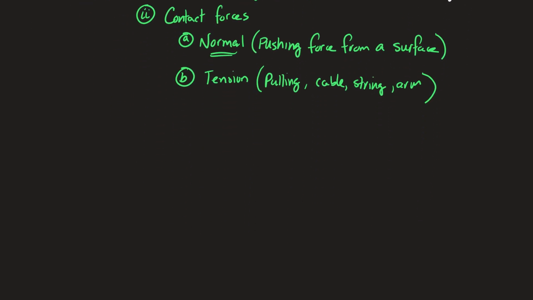Now there are other contact forces, but I'm actually going to group them into their own category and call them resistive forces. They are contact forces. They can only happen due to contact, but they behave a little differently, so there's reason enough to include them as their own category. There will be two that we will talk about.